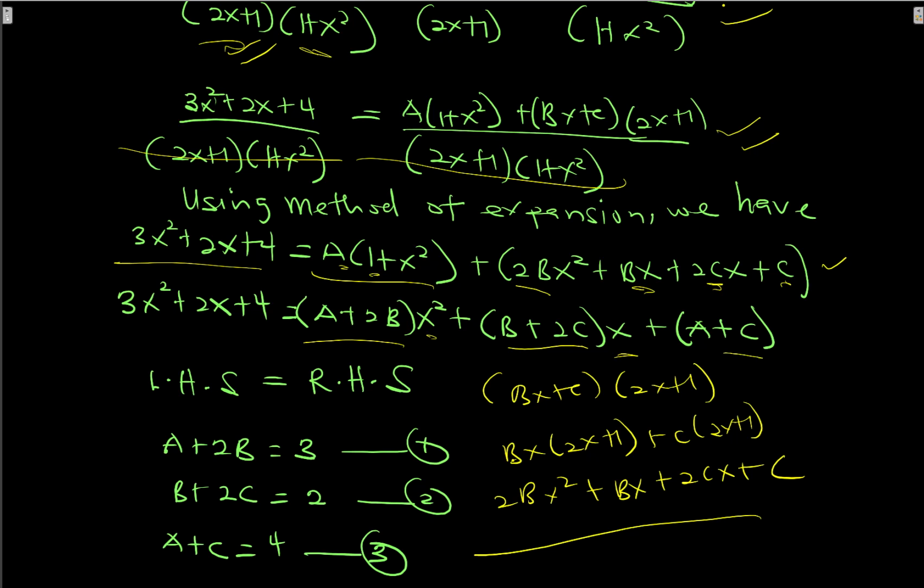So we also group them. Now we compare the right hand side and the left hand side. Since they are equal, it means the coefficients are also equal. So a plus 2b is equal to 3, and that is equation 1. Then b plus 2c is equal to 2 as equation 2. Then a plus c, that's the constant term, is equal to 4 as equation 3.